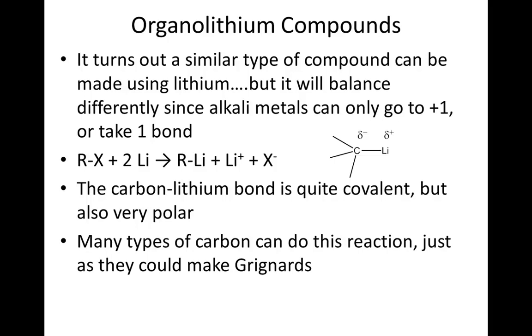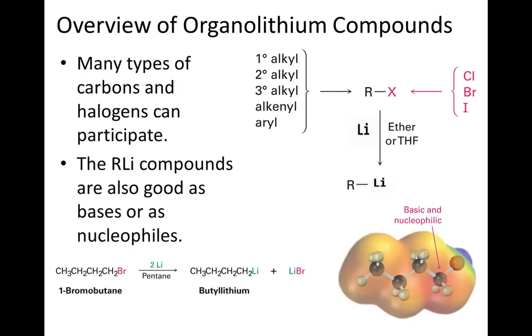In other words, you still need to keep water away from these things because you're still talking about a very strong base. You also still have a lot of different kinds of carbon that can do this, and also a variety of halogens. So far, everything is very similar to what we talked about with Grignards. It just balances a little differently.